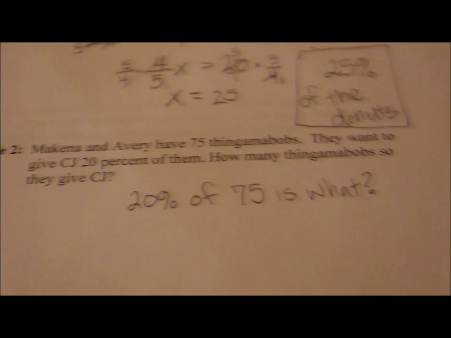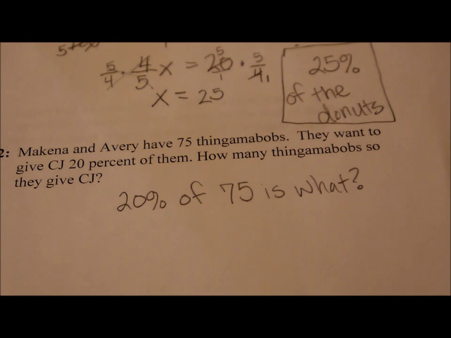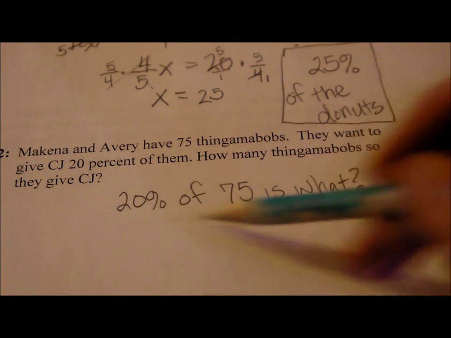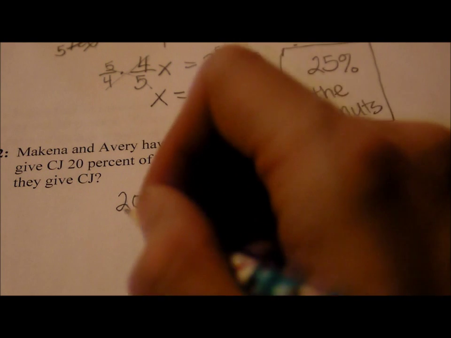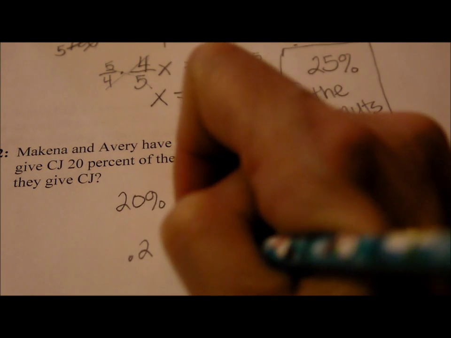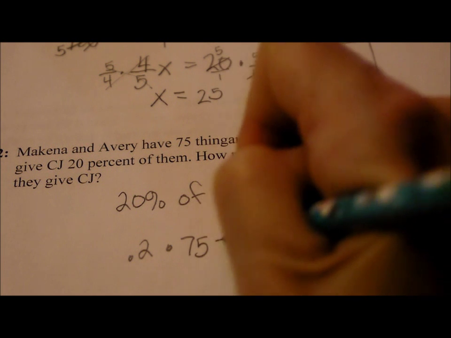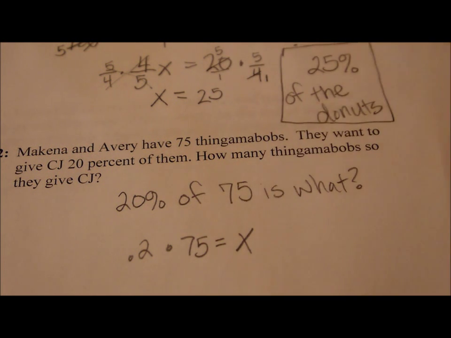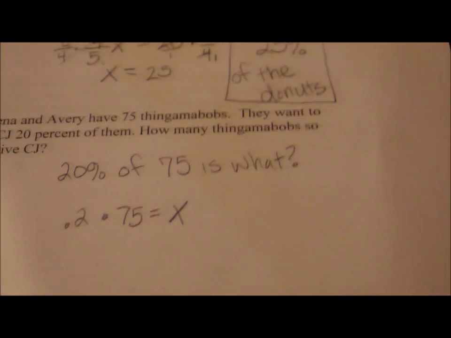Okay, so we can either do it with fractions or decimals. The last one I did, we used fractions, so I'm going to do decimals for this one. To convert 20% to a decimal, I'm going to say 0.2 times 75 equals x. Now we need to do a little bit of a multiplication problem.